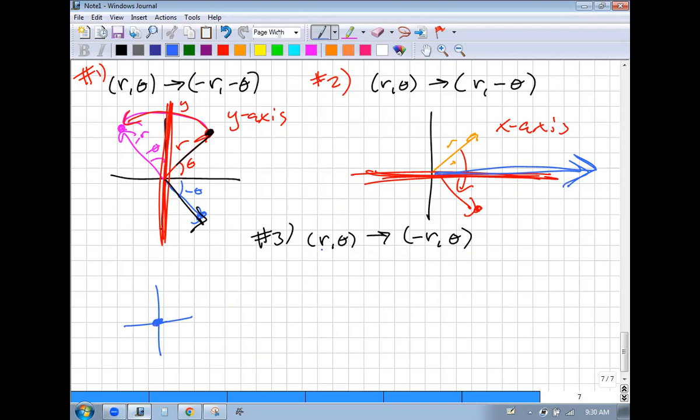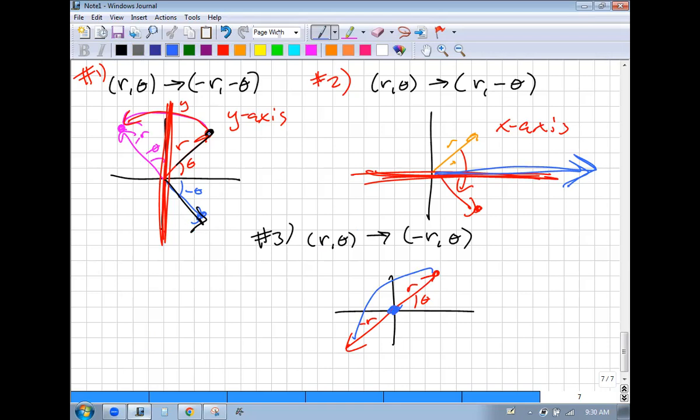That's basically like your r axis. So we're going to see that this is going to be polar symmetry here. So if you go from r theta to minus r theta, basically you're flipping over the origin, all right? So that's another kind of symmetry.